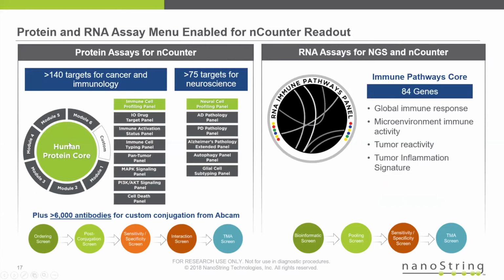And then from that core, you can build out in 10-plex modules. So you can plex up to 96 targets on the protein side of things. We also have content for neuroscience and also for non-clinical models for mice as well. We can also do a very small 84-plex immune pathway that's cancer-related on our nCounter platform as well.